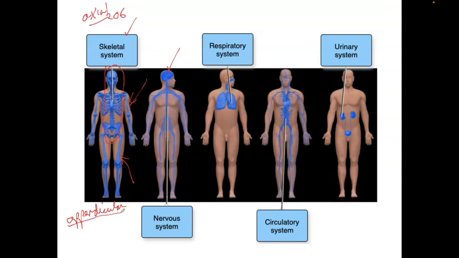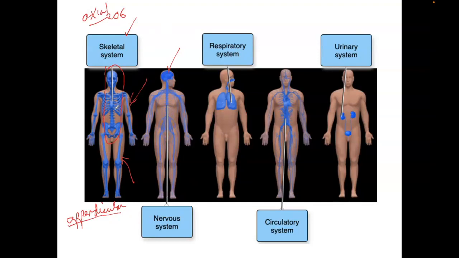So we have the appendicular skeleton, which is the upper and lower extremities, and we have the axial skeleton, which is everything in the center here, the skull, the spine, the ribs, the pelvis. That's all axial skeleton.